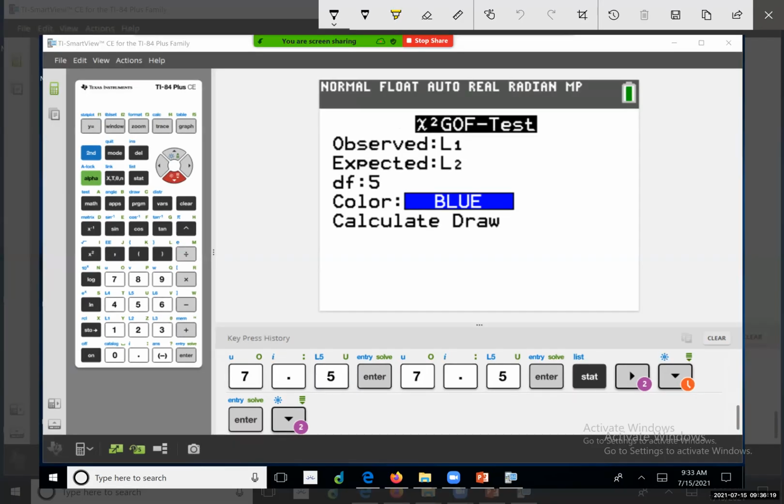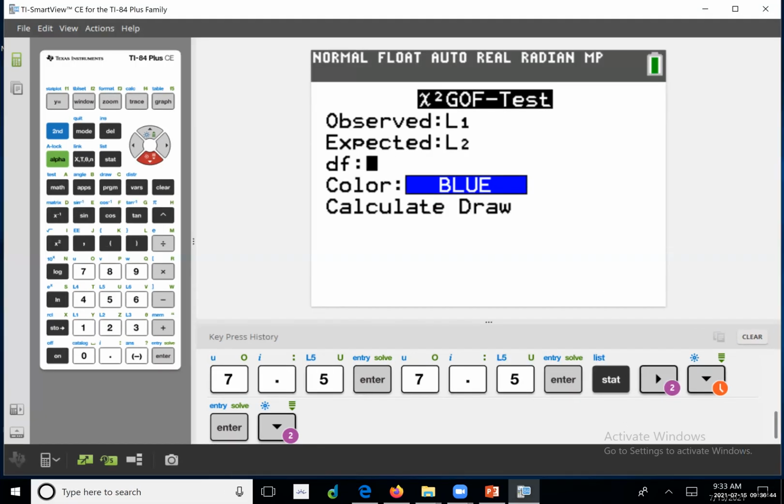So you had 6 categories, 1, 2, 3, 4, 5, 6, minus 1. Or you can say k minus 1 category. So that's 6 minus 1 is 5. So degree of freedom is 5. Okay, so you go down, you calculate.